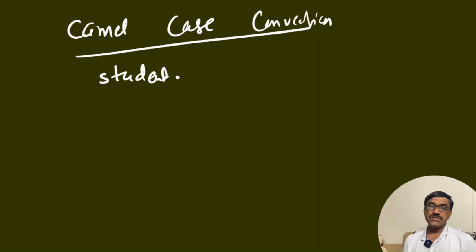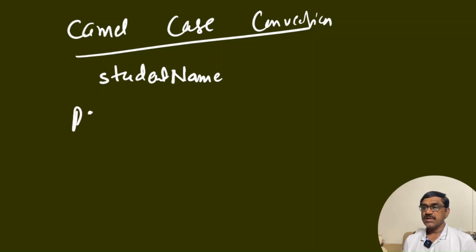In camel case convention, from the second word onwards, the starting letter of every word is capitalized. That means don't take the first word; we are considering from the second word. The first letter of the second and subsequent words is capitalized. So student, and the next word we have name, right? So in name, N is capitalized, but in the first word, S is not capitalized. This is about the camel case convention.